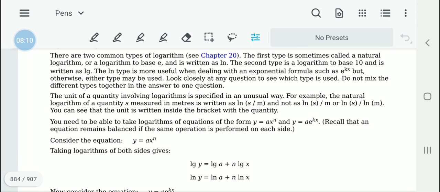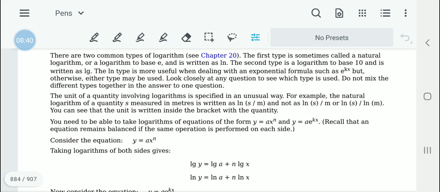Then, to find the logarithms of equations of the form y = ax^n and y = a^(kx), you must remember the rule: if you do the same operation to both sides of the equation, nothing happens to the equation at large.